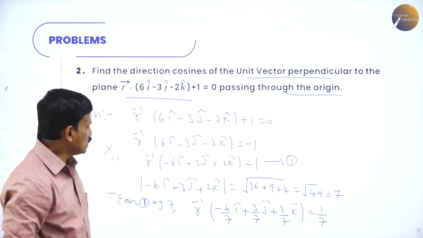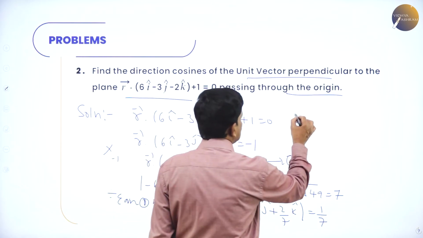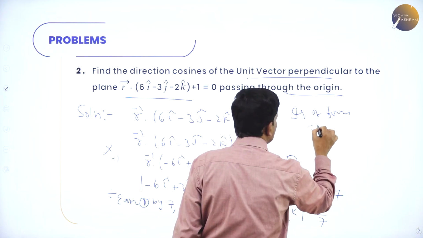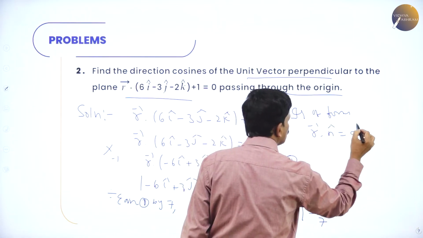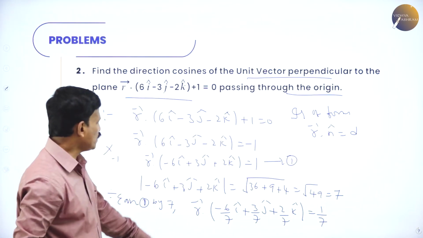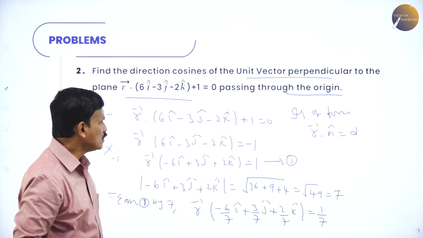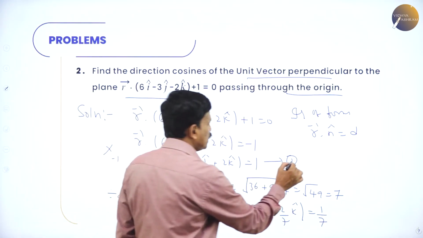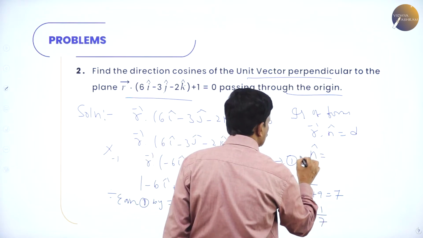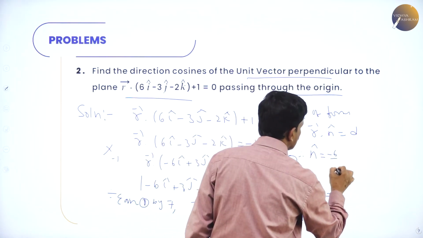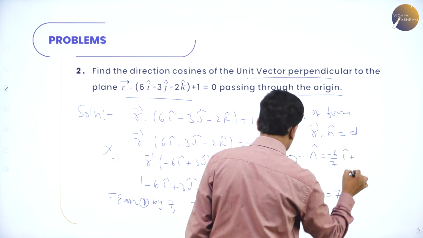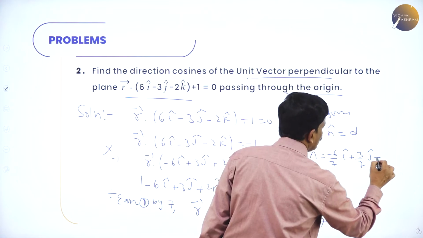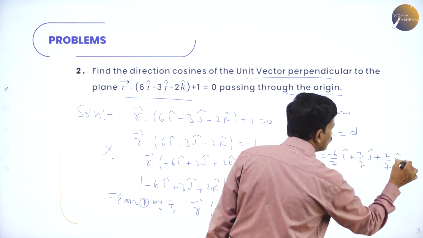Now if we compare, this is of the standard form, vector r dot n cap is equal to d. What is n cap here? The unit vector n cap is equal to minus 6 by 7 i plus 3 by 7 j plus 2 by 7 k cap.